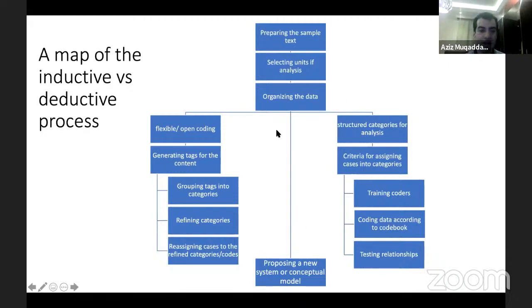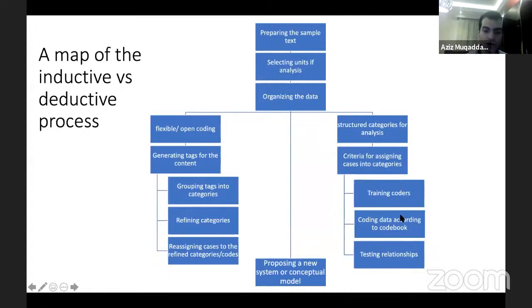And so here's to show you the difference again. In content analysis, last week we looked into the quantitative or deductive approach. The first 3 steps are the same. So you prepare the sample, select units for analysis, organize the data, and then you would have structured categories for analysis and criteria for how you would assign each unit of analysis into which category. You train your coders on that.